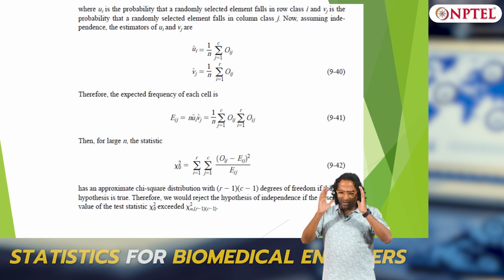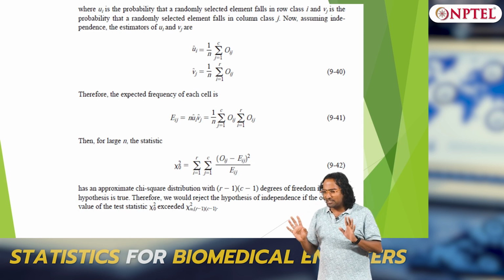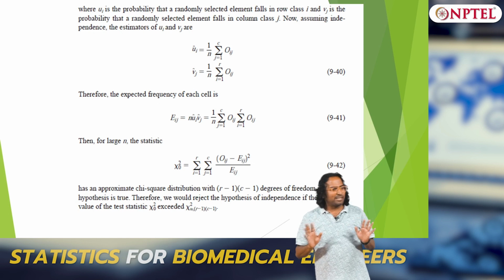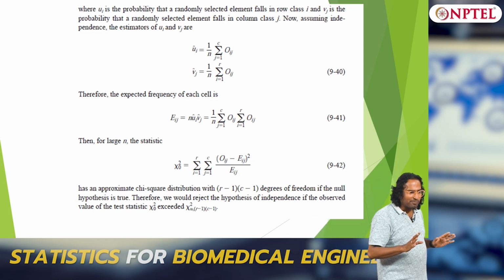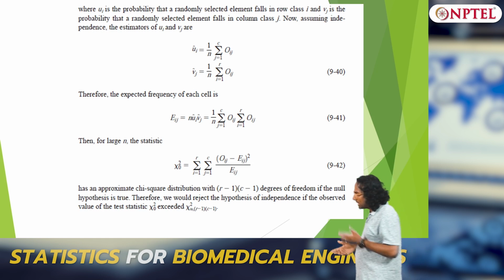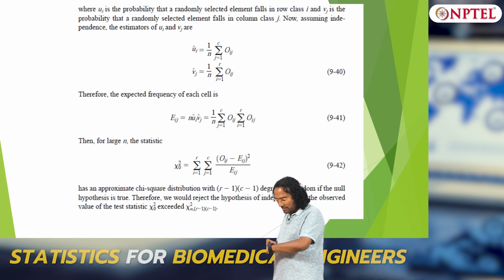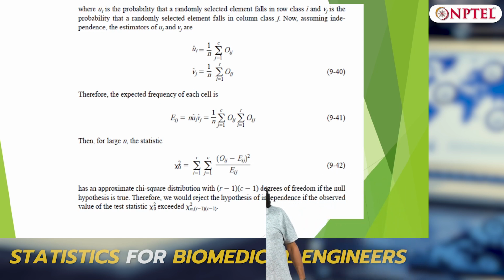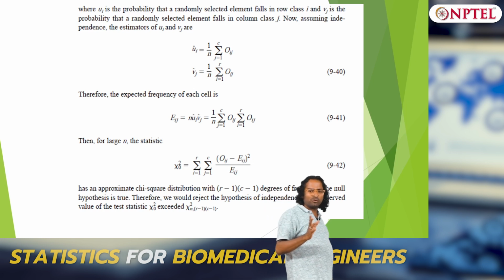The fundamental, I showed you how to do probability of A intersection B, which we derived in the class. The moment you understand that, expectation of XY is nothing but expectation of X into expectation of Y. So that is the concept we are going to use.